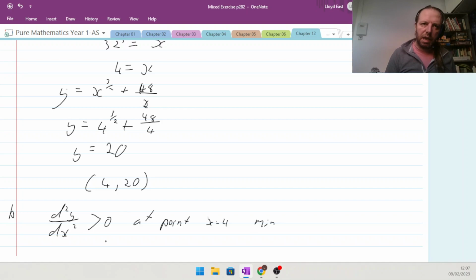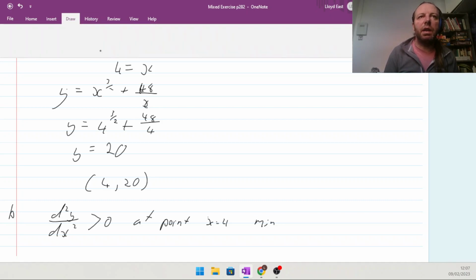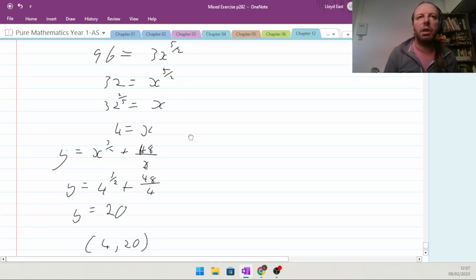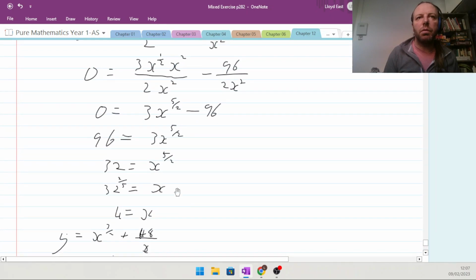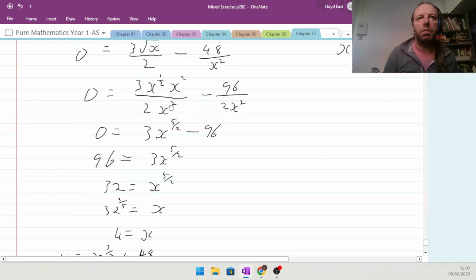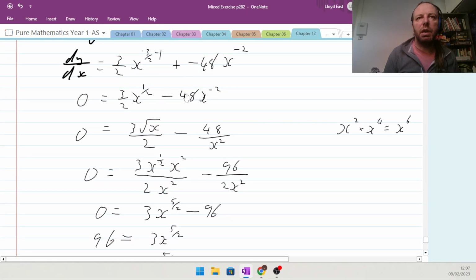If it was less than 0, then it would be a maximum. Okay, so taking a value of this, what was dy by dx, here it is. Okay, so taking this 3 over 2 x to the half minus 48x to the minus 2.